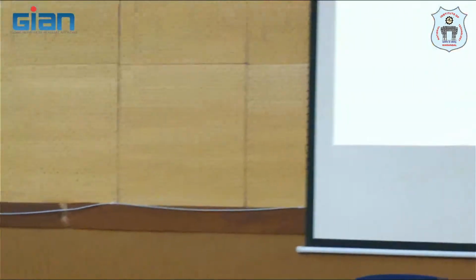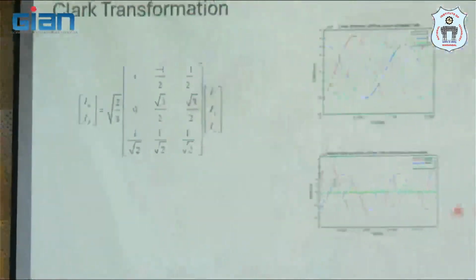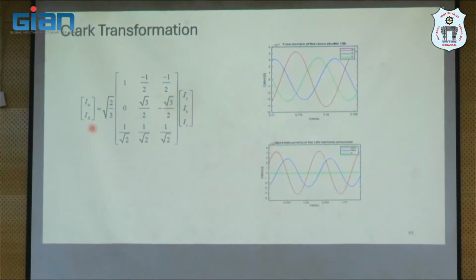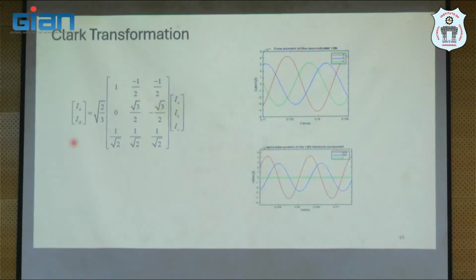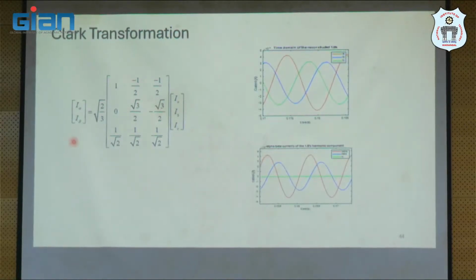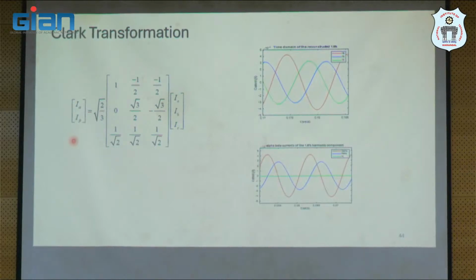So the principal component analysis will be done on the alpha and beta vectors. My alpha and beta are the feature data set basically. So I am going to use them to carry out my principal component analysis. I measured line currents, I transformed them into the alpha-beta domain, and I am using I alpha and I beta to carry out principal component analysis.